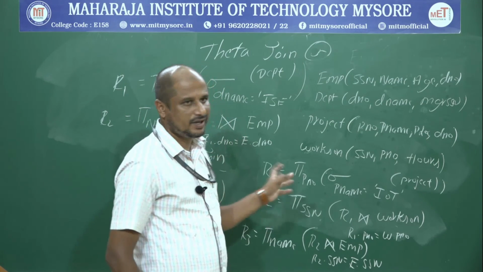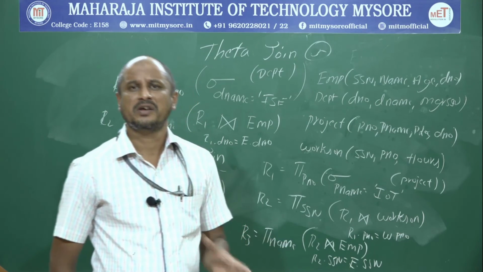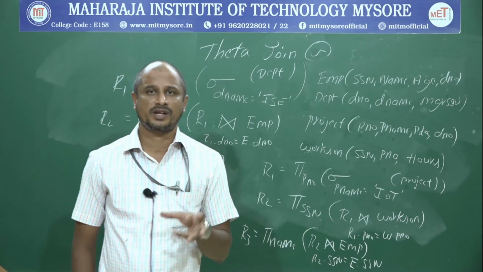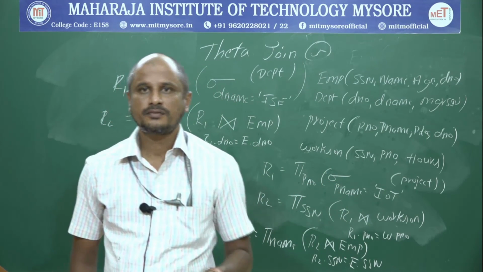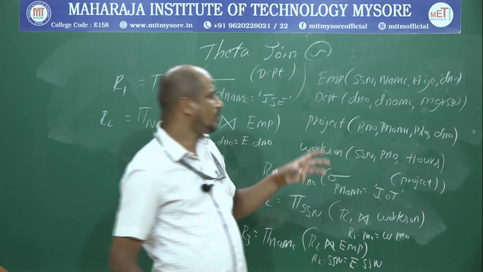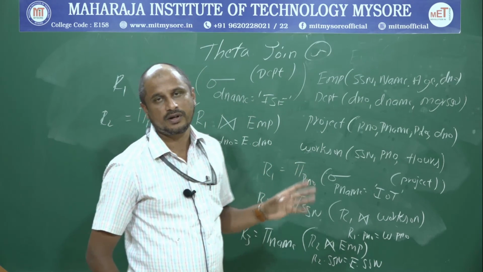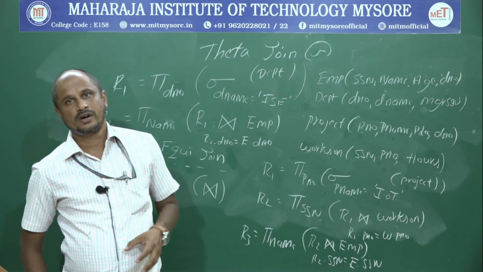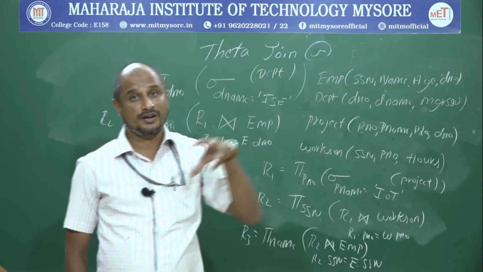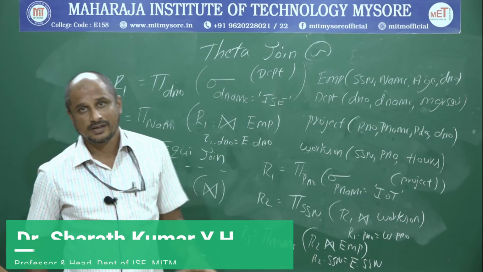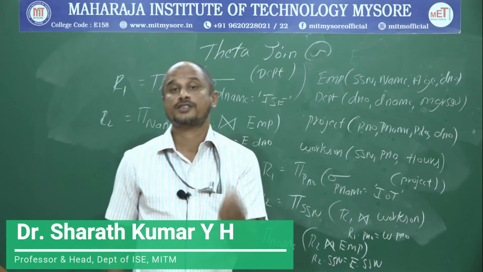So this is the beautification of equi-join. Whenever you write a query, you require equi-join. Most of the queries are written based on equi-join. So this is what the natural join, theta join and equi-join are about. Next we discuss outer join, division and grouping. These three symbols make relational algebra stronger.